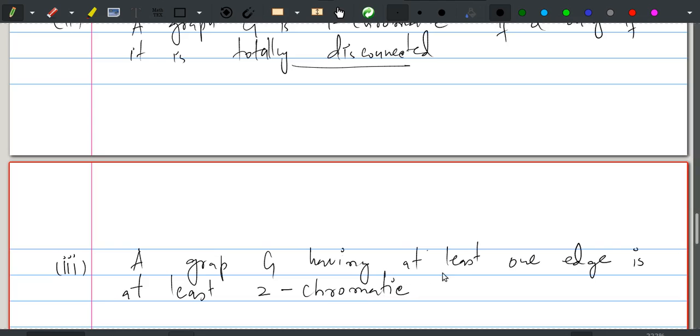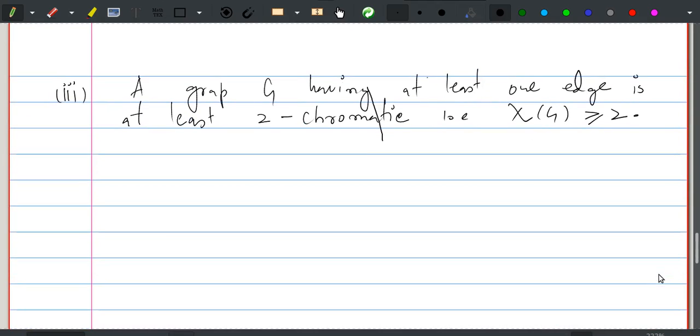Now what does that mean? That is, chi of G is bigger or equal to 2, because at least we are going to need these 2 colors to paint the end vertices of that edge.